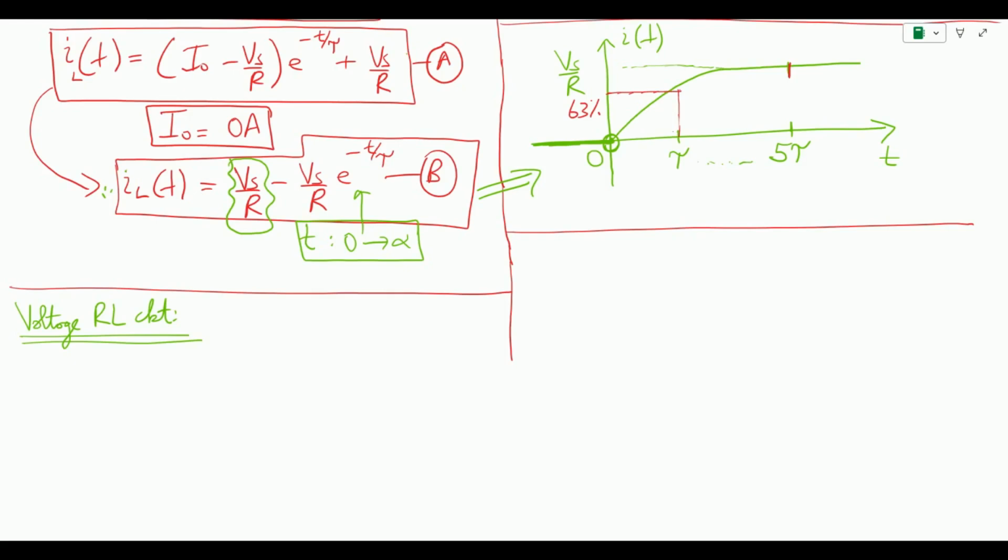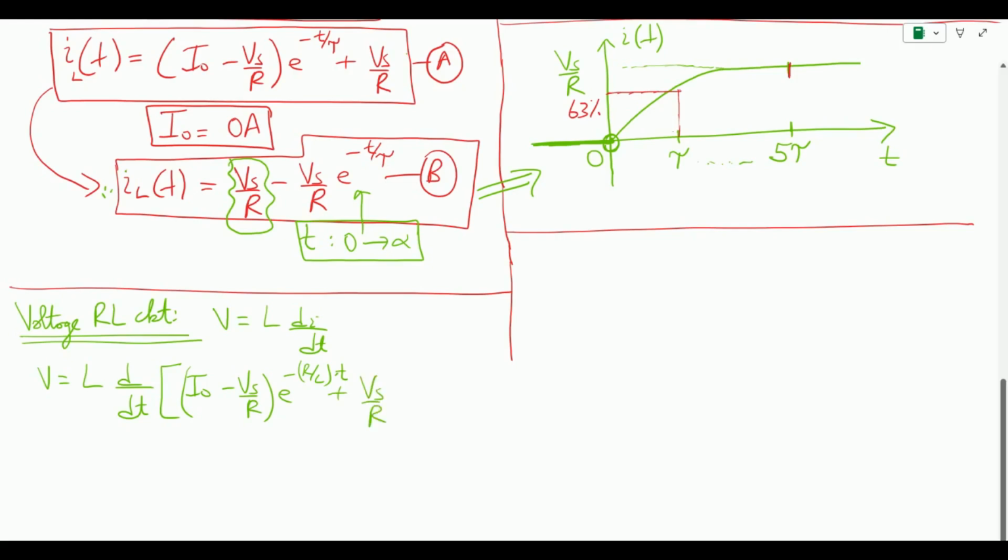We know that in order to find the voltage in an inductor, it is equal to L di by dt. So voltage is equal to L di by dt, where the value of current from equation A comes out to be (I naught minus Vs by R) e raised to the power minus R by L multiplied by t, plus Vs by R. When you differentiate it, Vs by R is a constant, so it will become equal to 0.